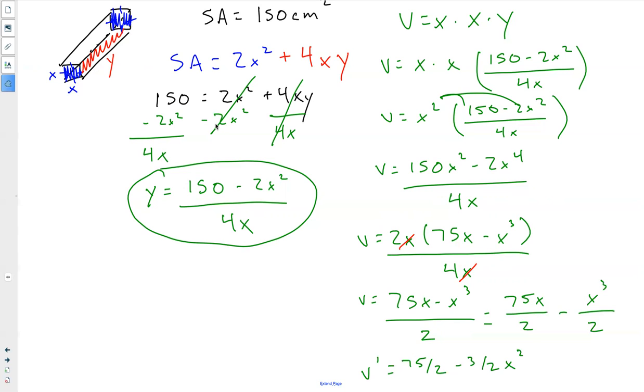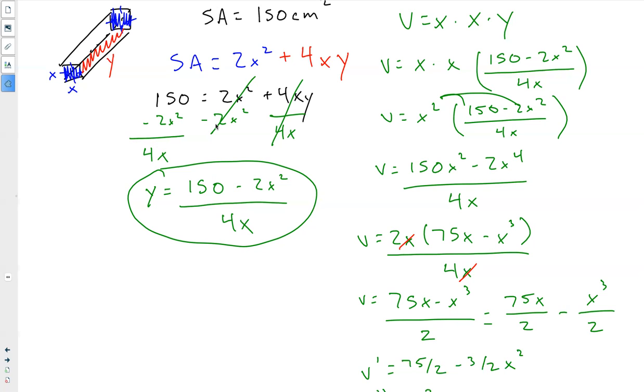Okay, and while we're at it, let's find our second derivative. So V double prime, 75 over 2 is just 0. And negative 3 over 2 x squared derived will leave me with negative 3x to the 1.